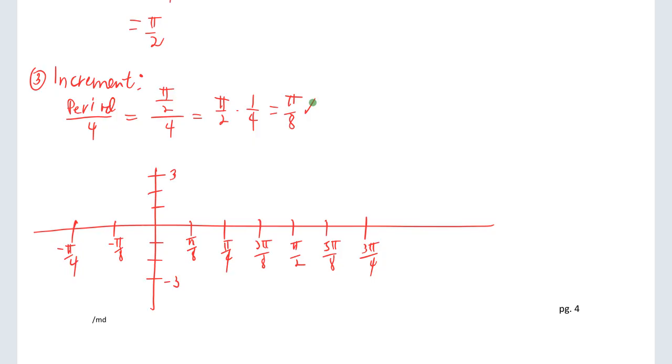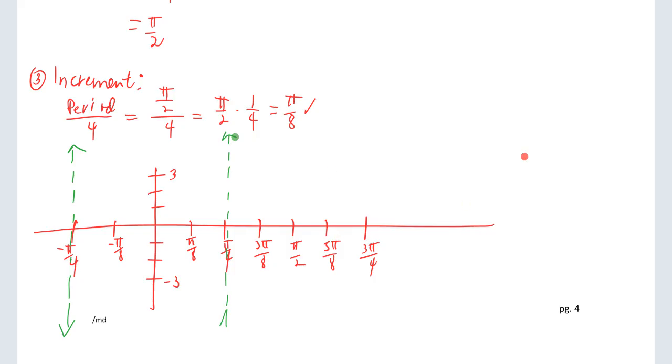All right, now I'm going to start drawing the asymptotes, which are at x equals negative pi over 4, and the other one is at x equals pi over 4. Okay?